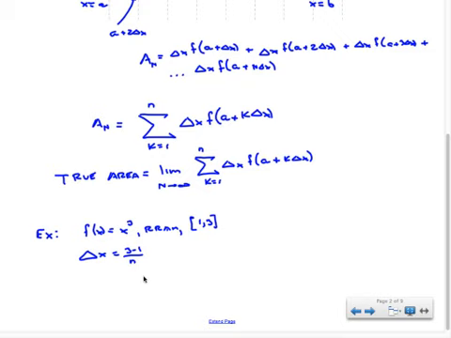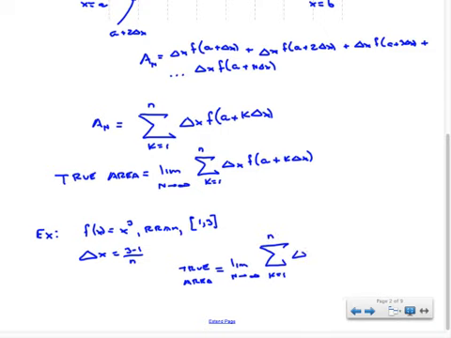And all we're going to do now is apply this definition up here to this specific function. So the true area between the graph of f, which is x cubed, and the x-axis between 1 and 3 is found with this expression. The limit as n goes to infinity, sigma, the sum of all these rectangle areas, with a parameter starting at 1, going to n.